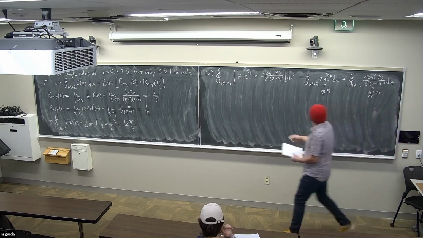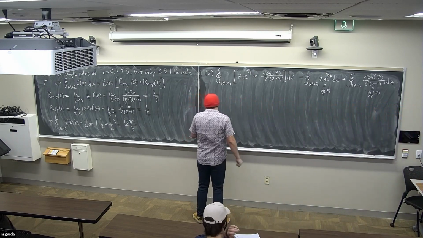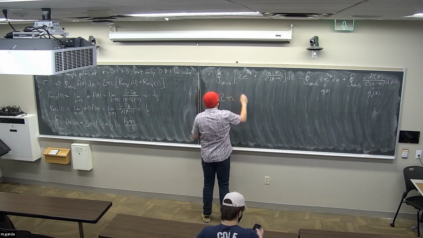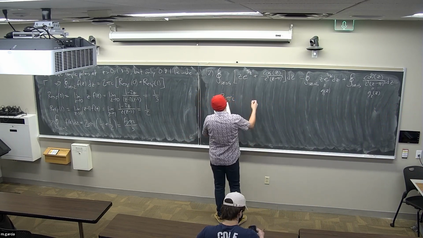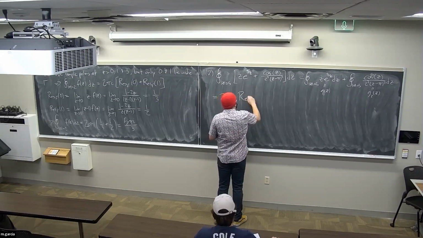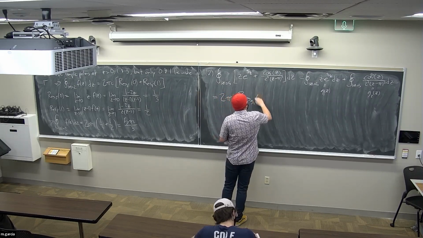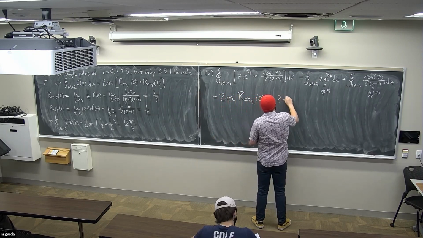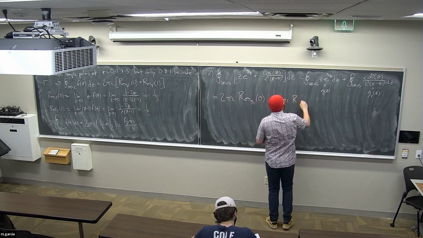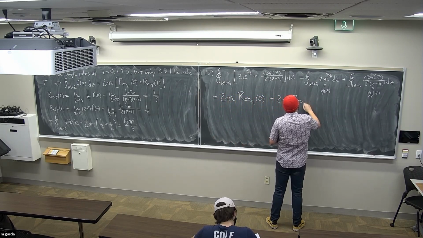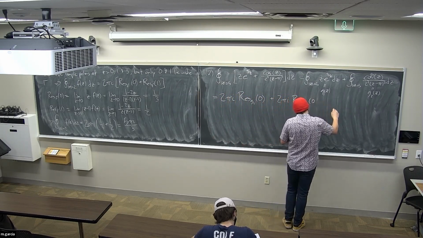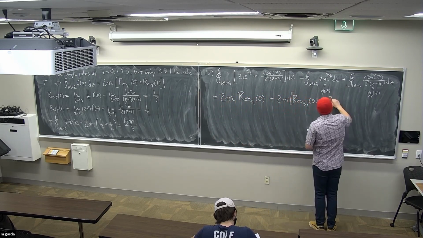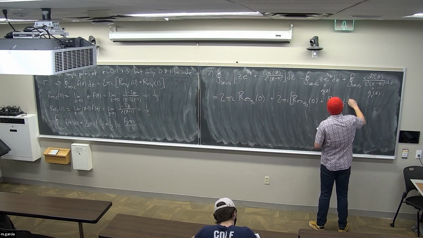Okay. So in conclusion, or I should say not conclusion, but what we've surmised so far: the integral is 2 pi i times the residue of G1 at 0, plus 2 pi i times the residue of G2 at 0, plus the residue of G2 at pi.